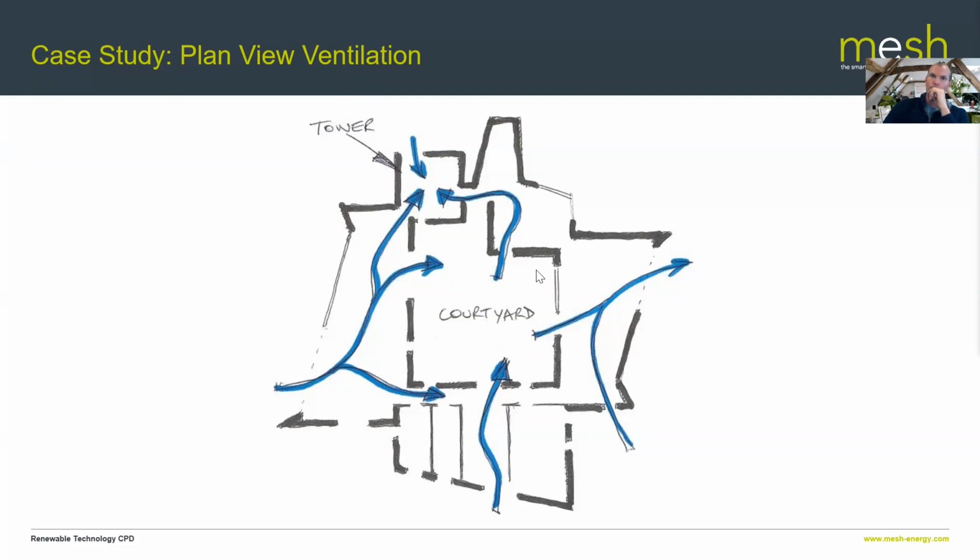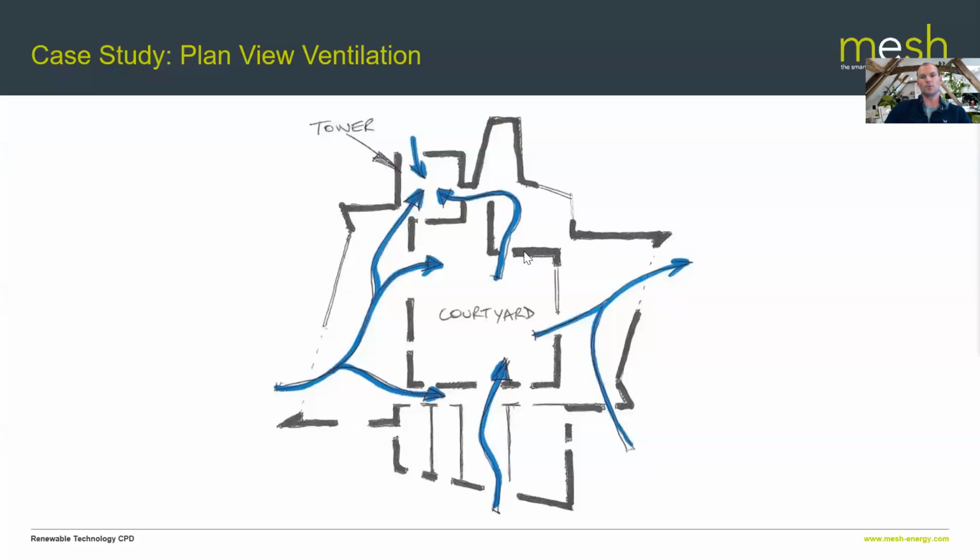But the courtyard is, again, critical to the success of this project, because what it allows for is cross ventilation. If you just had that tower, although you would get a bit of cross ventilation in these individual rooms, there would be quite a tortuous path for air to get right round the building all the way to the tower to eventually escape. And you may have found that there were overheating issues in part.